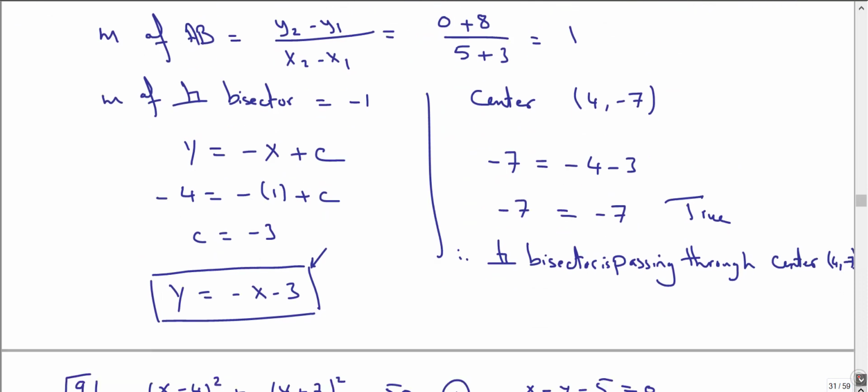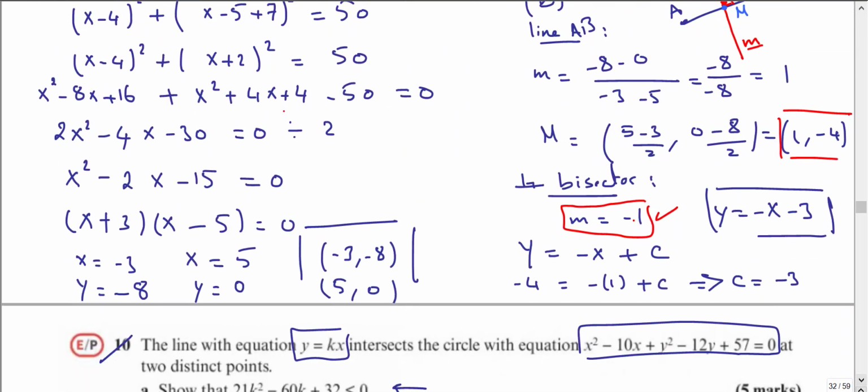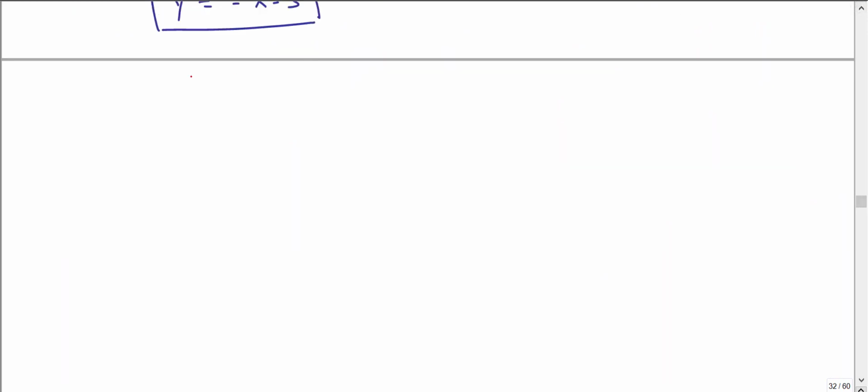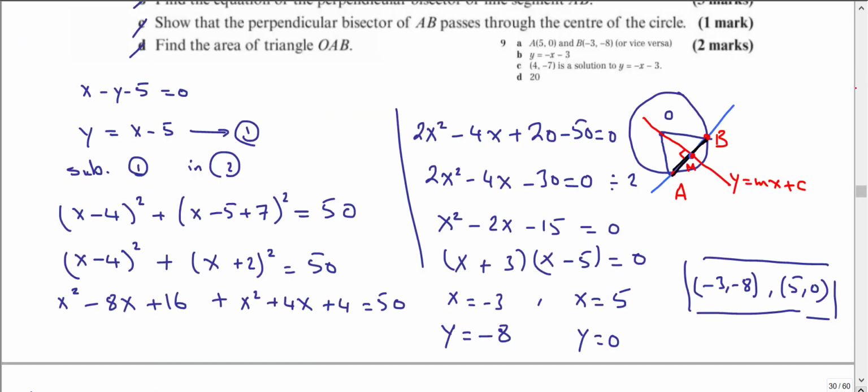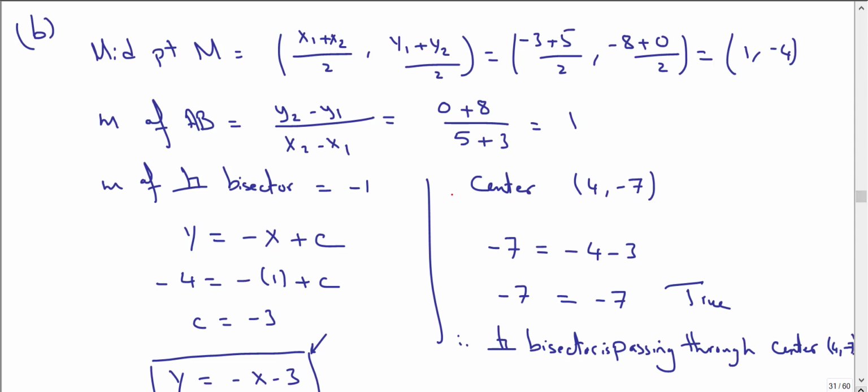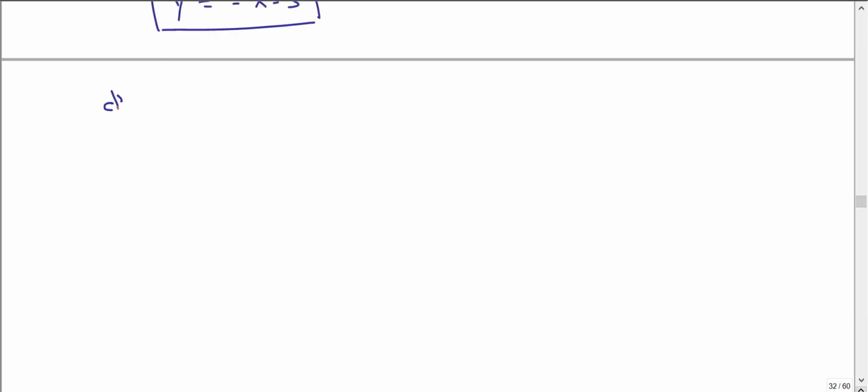So pay attention. This part is what? That's part D. Now this was part C. Now part D. The area of triangle OAB.